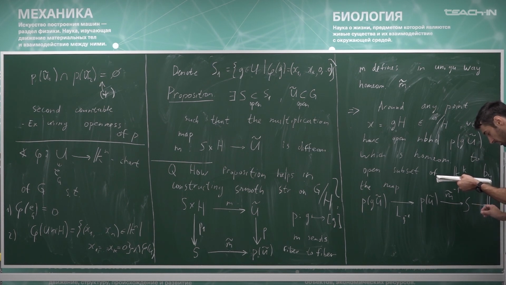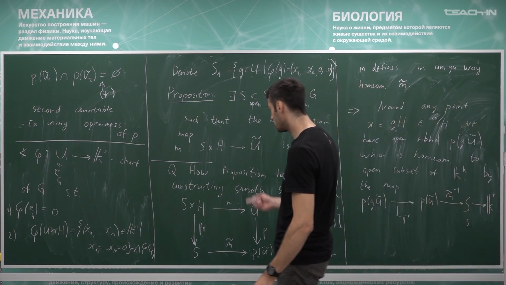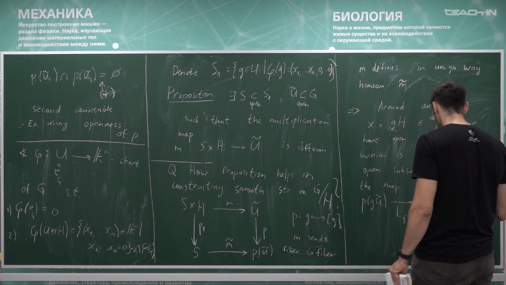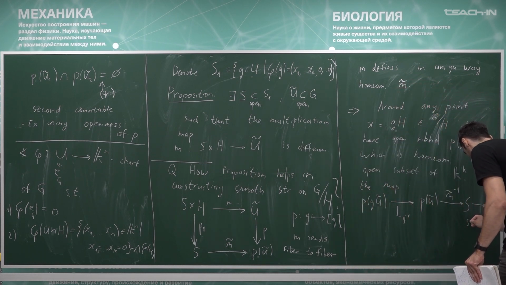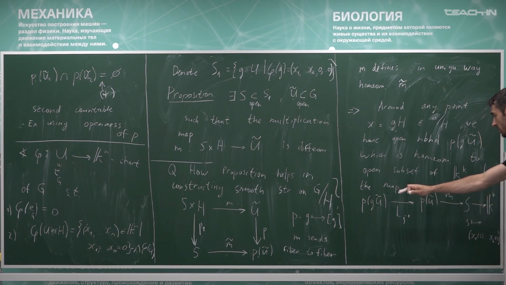Right, I take an element S in here. This is an element in G, right? And it has first K coordinates, right? So we consider first K coordinates, x1 of S, and so on, xk of S. So this is the map.